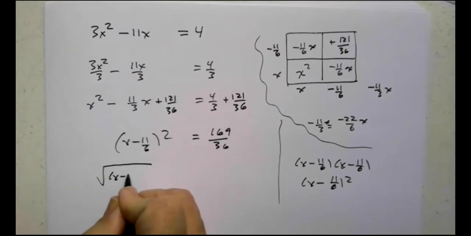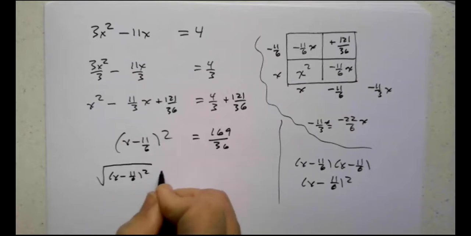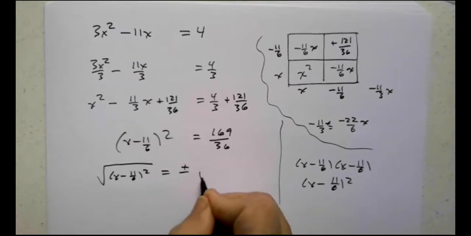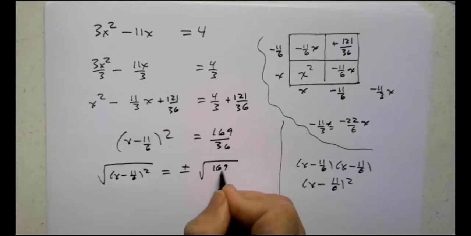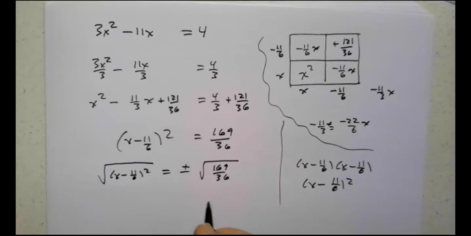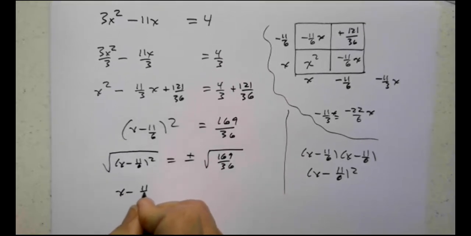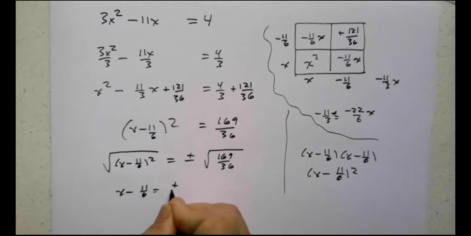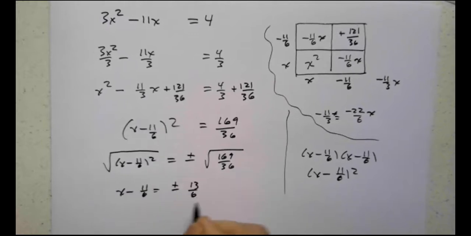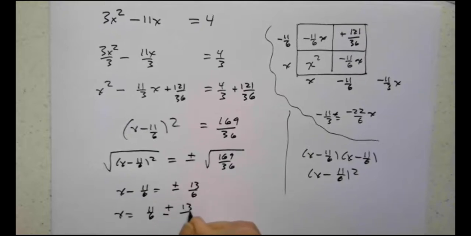The square root of x minus 11/6 squared is plus or minus the square root of 169 over 36. So x minus 11/6 is plus or minus 13/6. So x is 11/6 plus or minus 13/6.